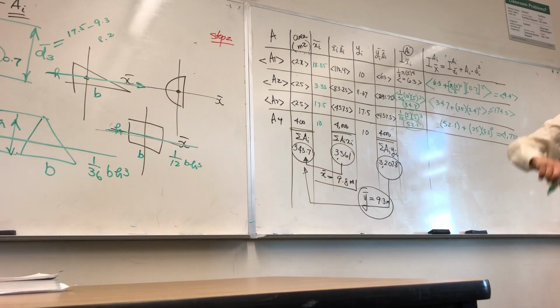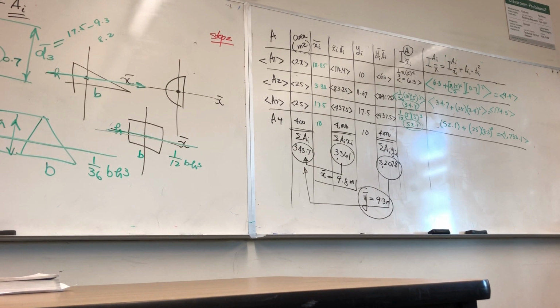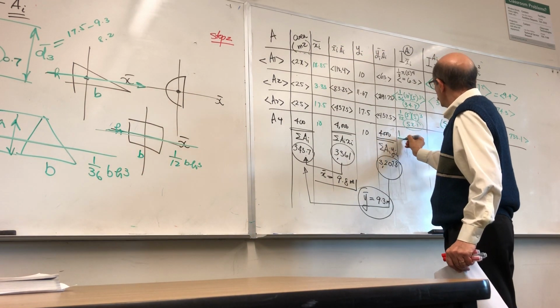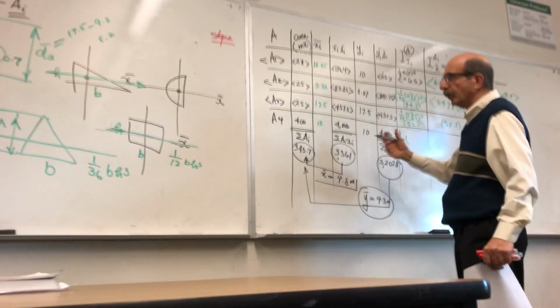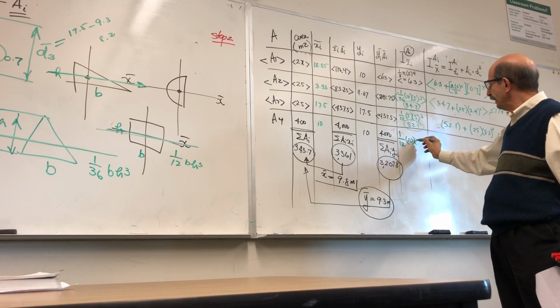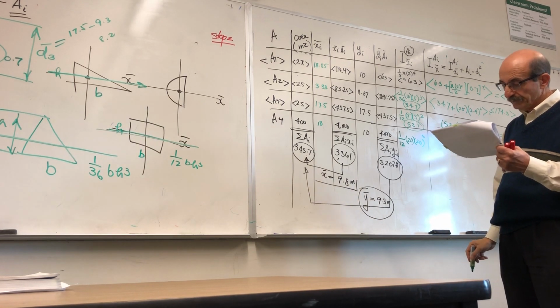This other guy, the last one, this big guy, this is 9.3. The centroid of that shape is at 10, so the distance would be only 0.7. So, first of all, its own moment of inertia is 1/12 B, which is 20, times H cubed, which is also 20 cubed.